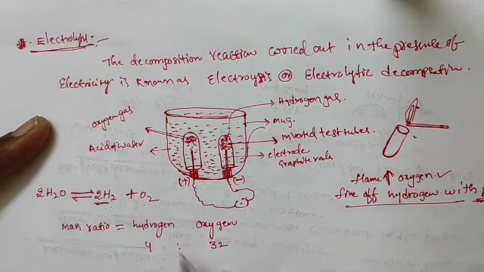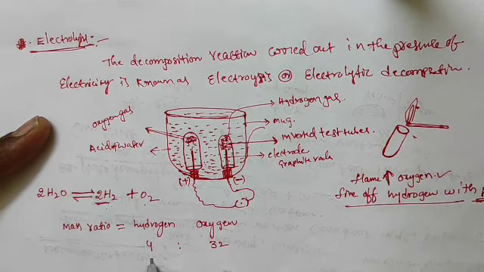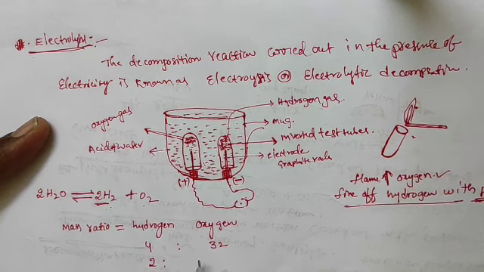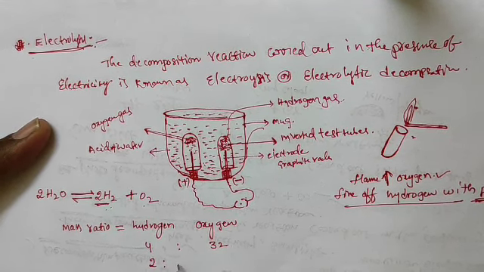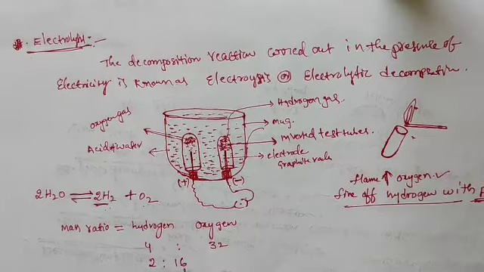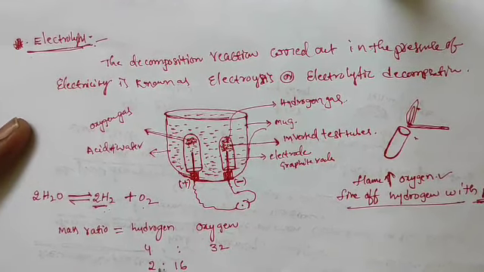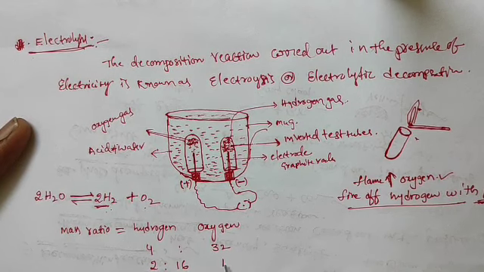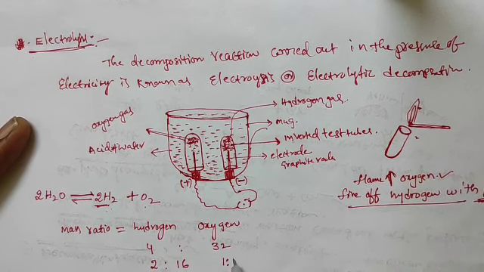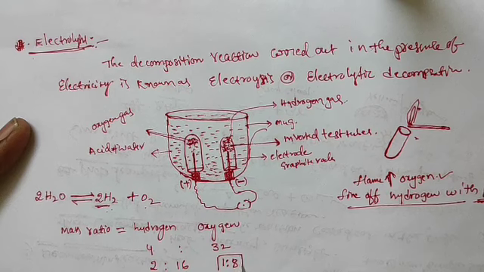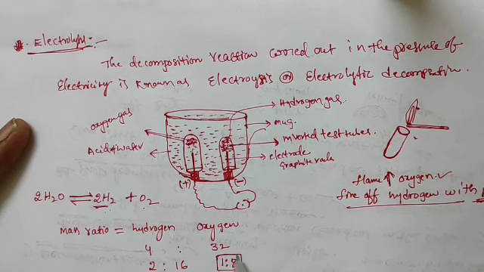Now the ratio of these two, 2 is to 16. So oxygen is 16, hydrogen is 2. Otherwise, 1 is to 8, hydrogen 1, oxygen 8. So this is the mass ratio.